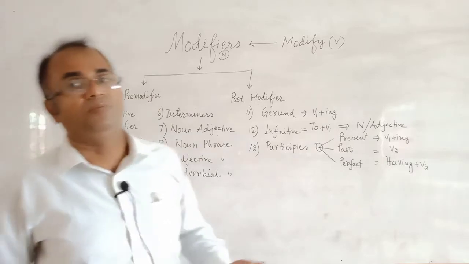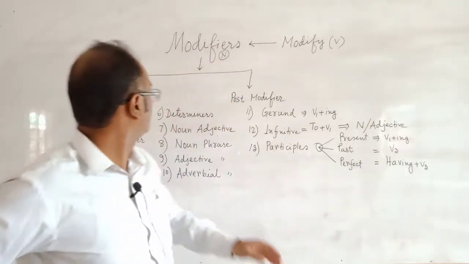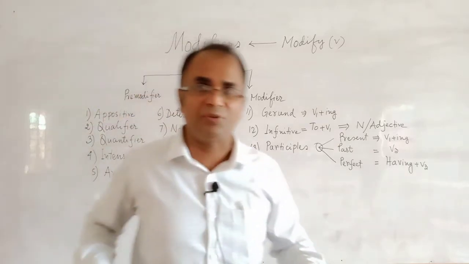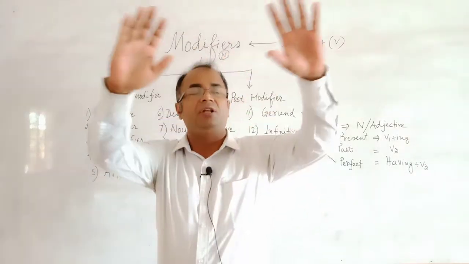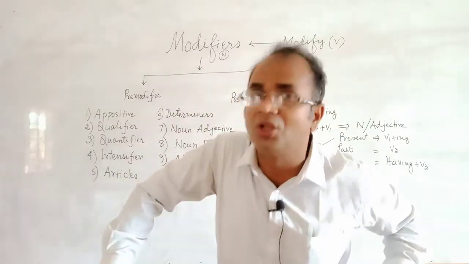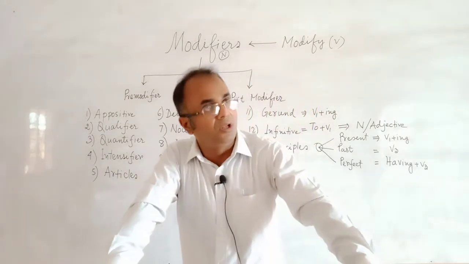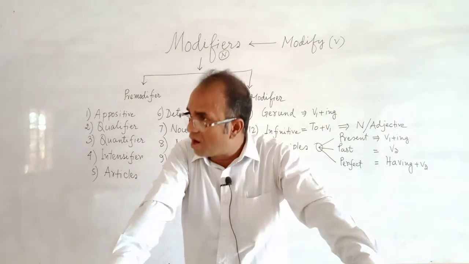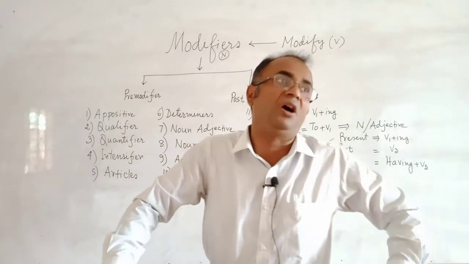Modifiers are of two types: pre-modifier and post-modifier. Pre-modifier is a type of modifier which sits before the word. This word is noun, adjective, verb, adverb.